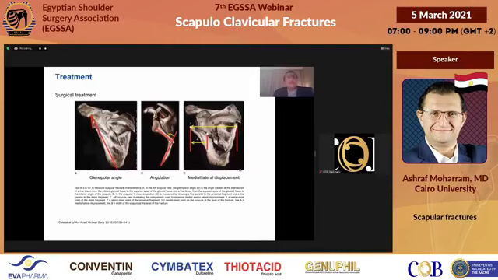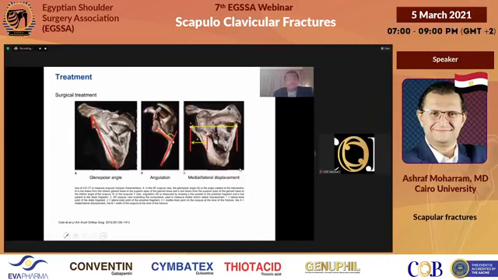What are the indications for surgical treatment? In a landmark paper by my dear friend Peter Cole in 2012, he pointed out three major points. One that involves the body, which is angulation of the body, you can see in the middle picture there, or a glenopolar angle, which represents the rotation of the glenoid around the body, or the medial or lateral displacement of the glenoid.